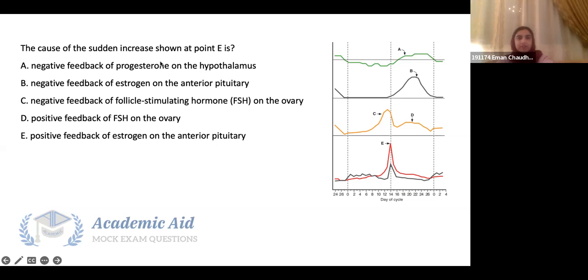It's E. Very good. So remember, like we discussed, high estrogen levels after the 10th day onwards now have an activating effect. No longer inhibitory, now activating. So it starts as a negative feedback loop over here in the first 10 days. After that, in the next 10 to 14 days, it is a positive feedback loop. So it's activating. Very good. So positive feedback of estrogen will cause the LH surge that you see.